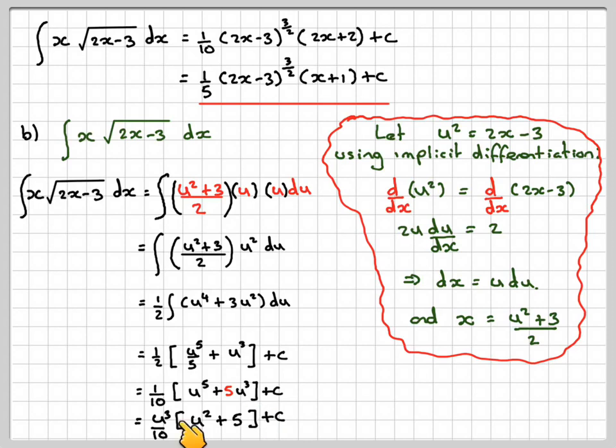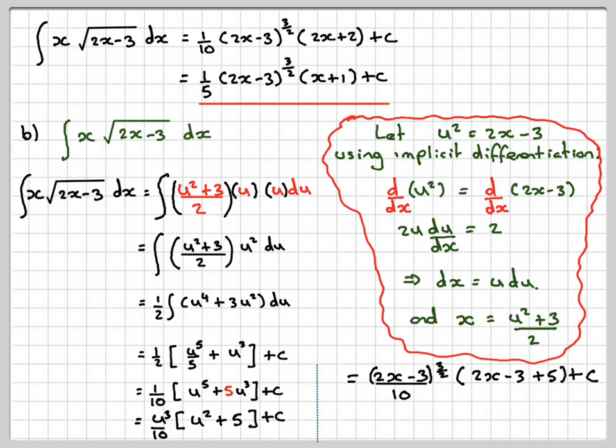Common factor of u cubed, so I've got u cubed over 10 times (u squared plus 5), plus c. Now substituting back, u cubed will be (2x minus 3) times the square root of 2x minus 3, which is (2x minus 3) to the 3 over 2, over 10, times u squared, which is 2x minus 3, plus 5, plus c.